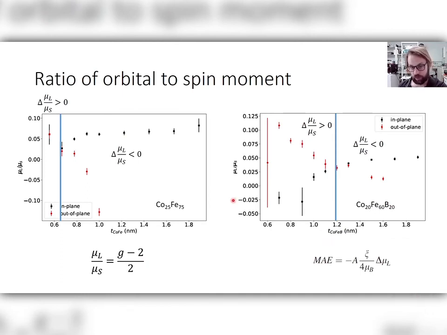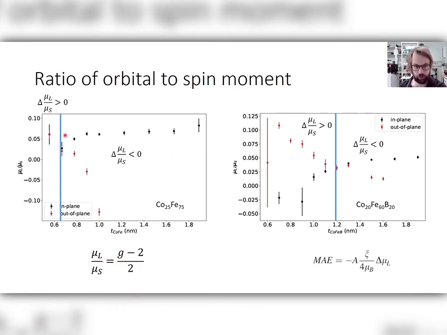By measuring g factors, we are able to calculate the ratio of delta μL versus μS. As we can see here, the μL versus μS ratio is a function of the g factor according to this formula.